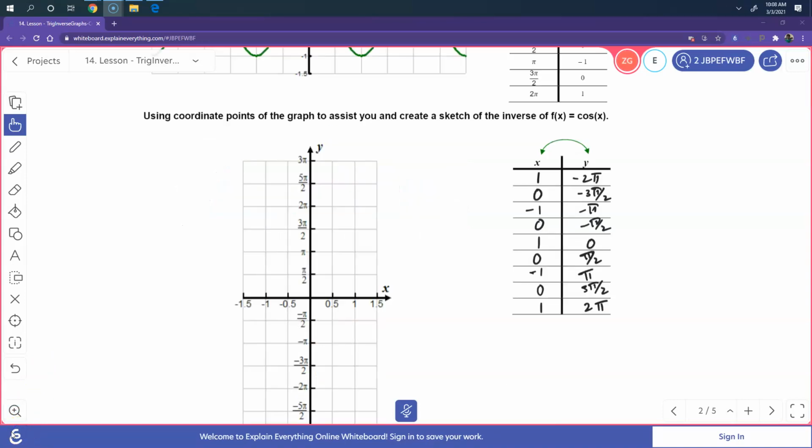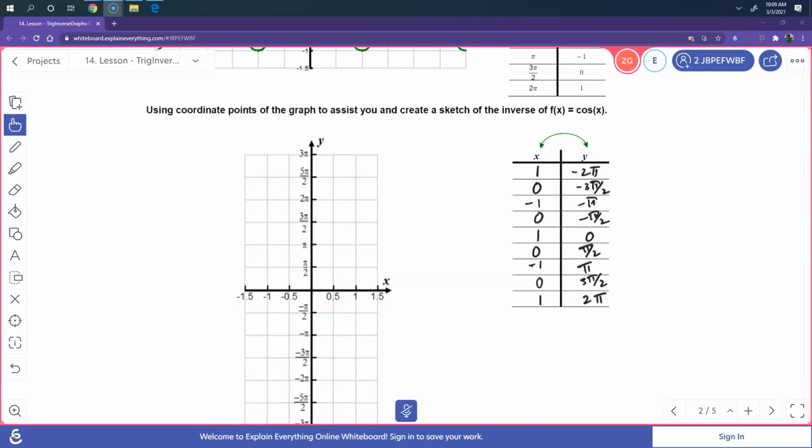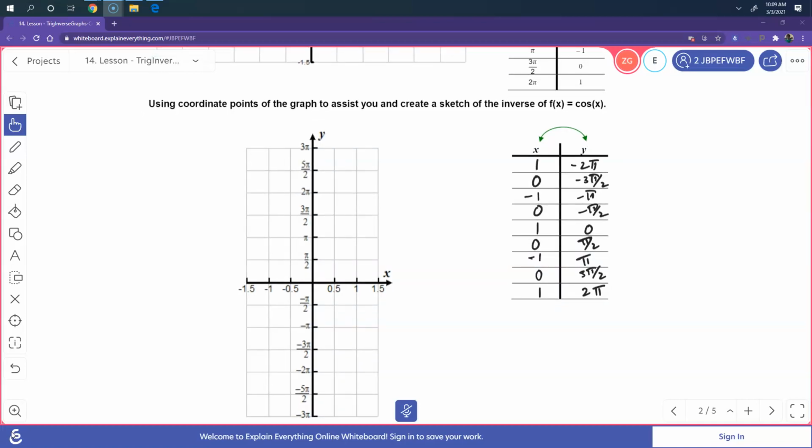So now we're going to go ahead and graph our inverse cosine. So we start at x equals 1, and we're going to go straight down to -2 pi. And then we have 0, -3 pi over 2. Then we have -1, where it goes down to -pi.